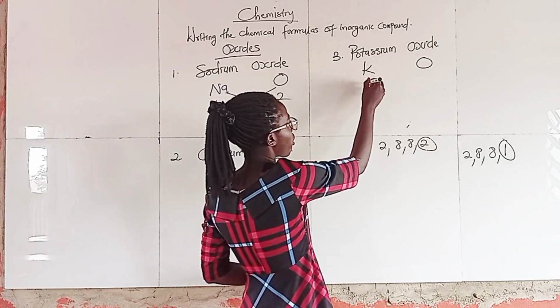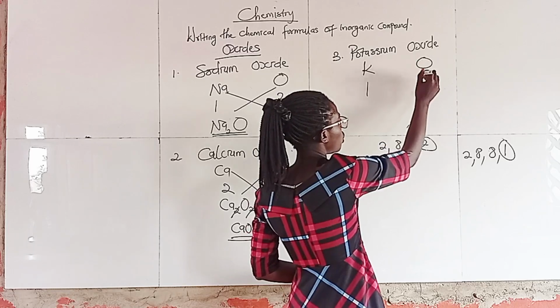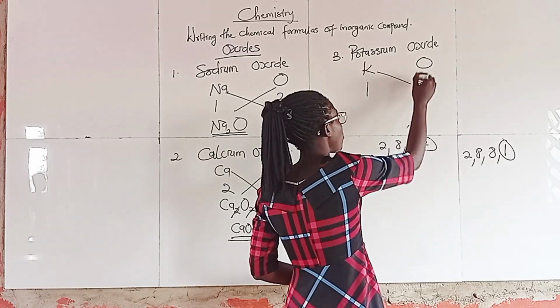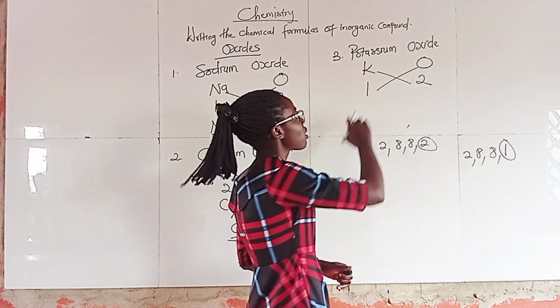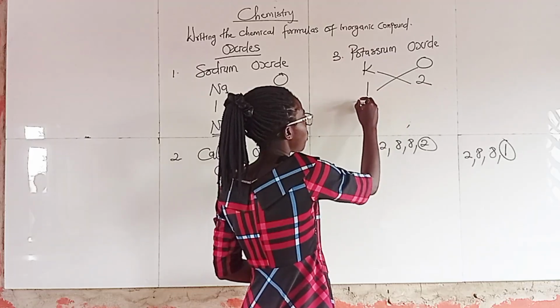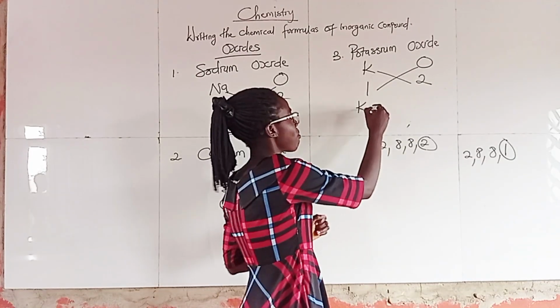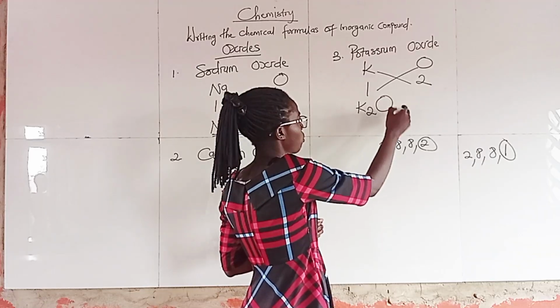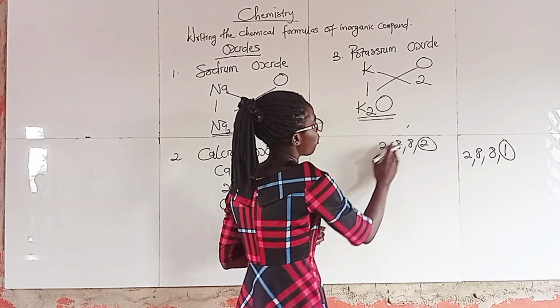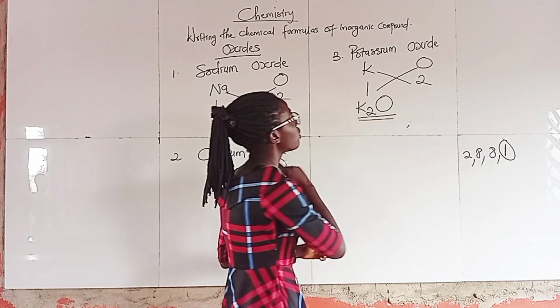So under potassium I write 1, and then under oxygen I write 2. Then there will be an exchange of valency. Potassium will take the valency of oxygen, which is 2, and then oxygen 1. When you have 1, you do not need to write the 1.